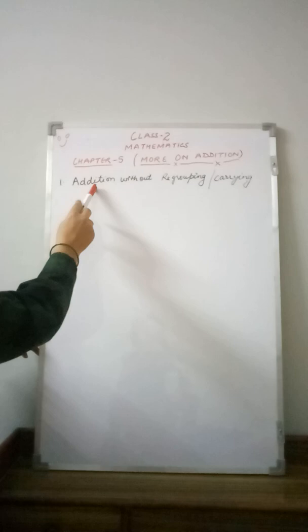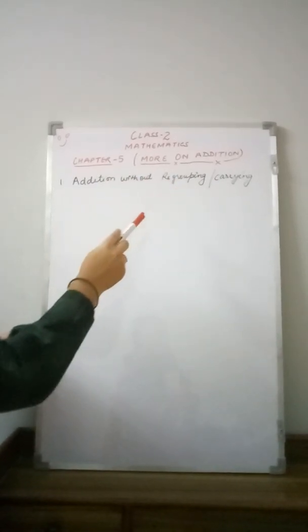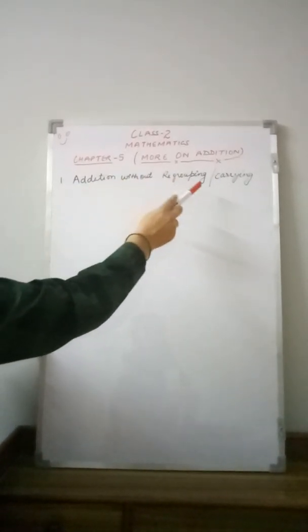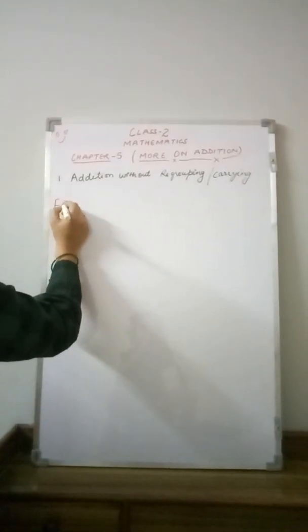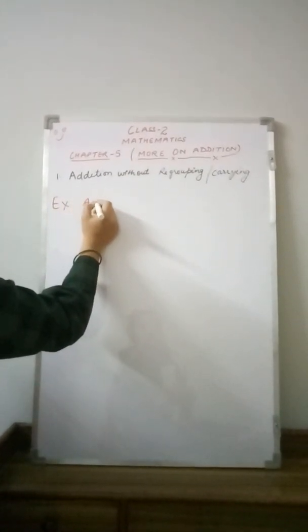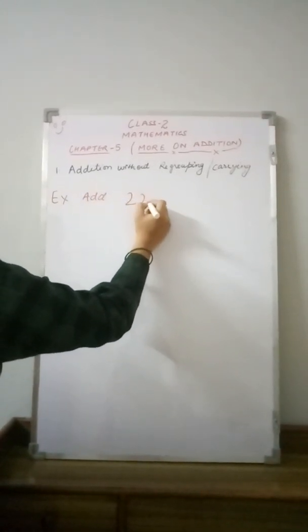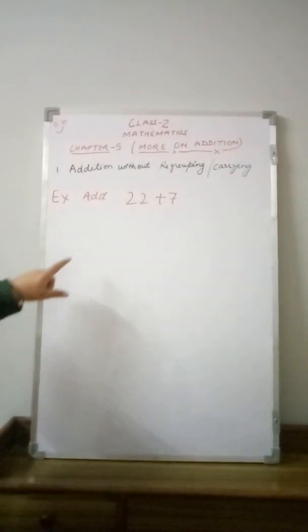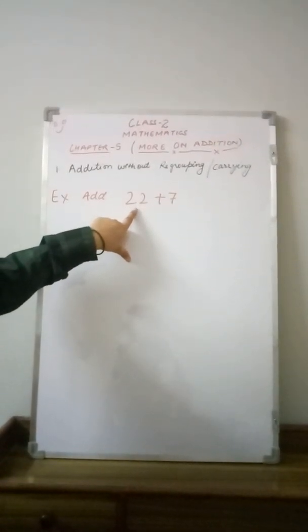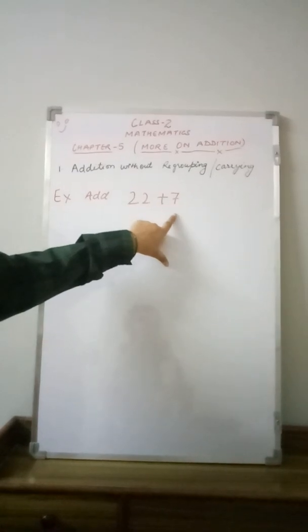So the first one is addition without regrouping, or we can also call it addition without carrying, right? So let's take one example for this. Suppose my question is add, and the numbers are 22 plus 7. Right students? Here we can see that the first number is a 2-digit number and the second is a 1-digit number.